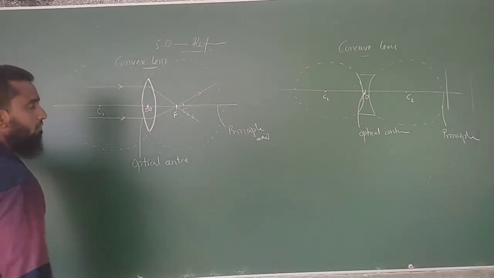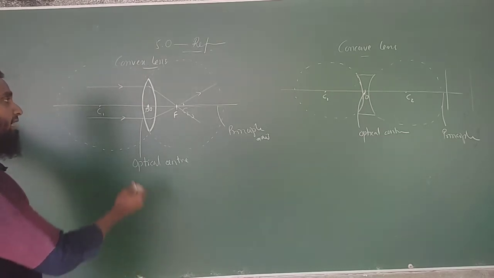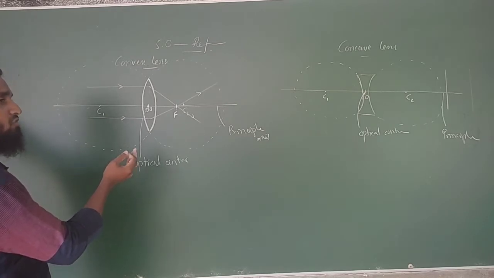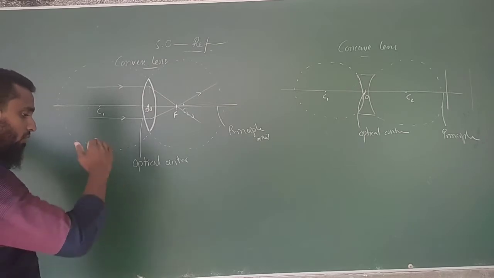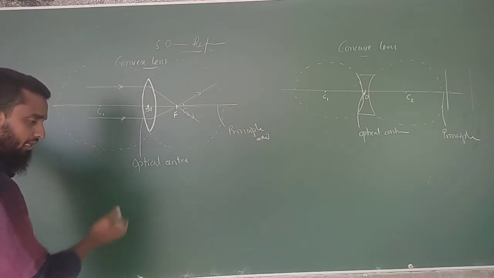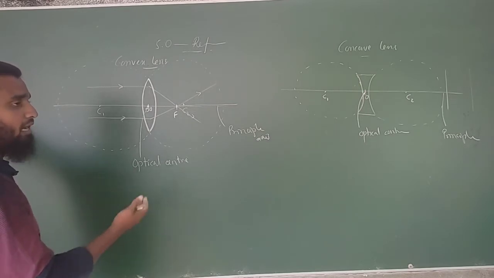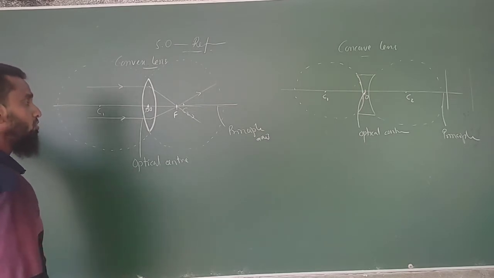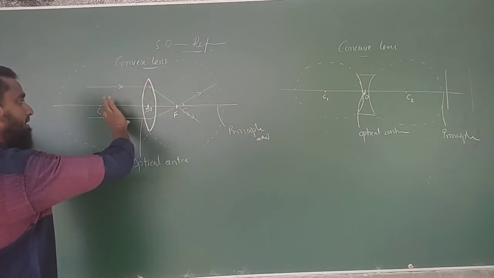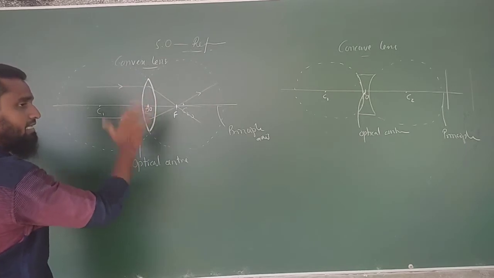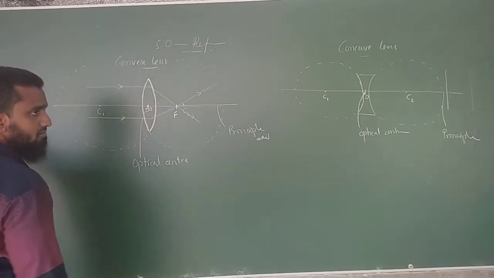Here also we have the focus, but in the mirror only one side is used. On the other side, the mercury plating or mercury paint coat is there, therefore the back side of the mirror cannot be used. But in the lens, you can see either in this side or this side, no problem. For a lens, you have two sides.